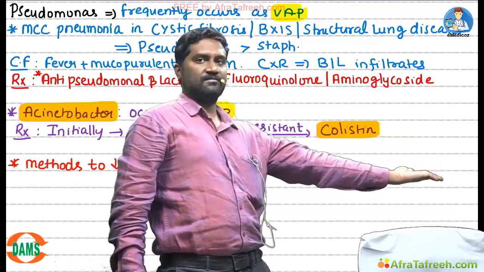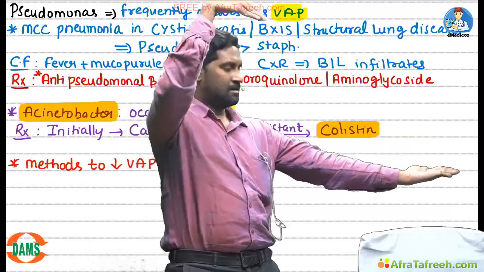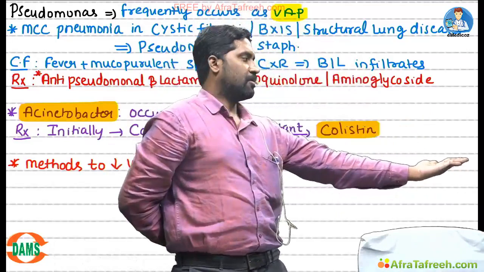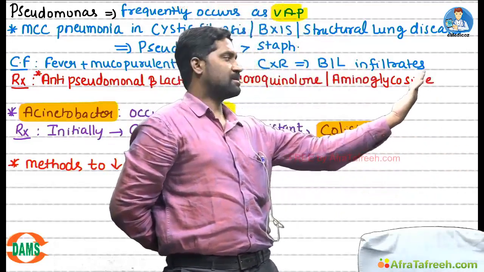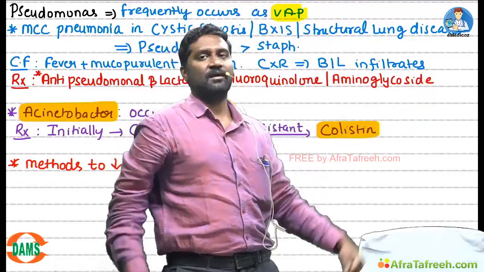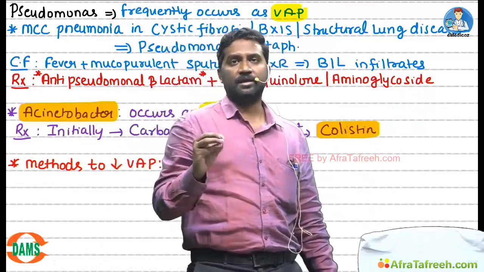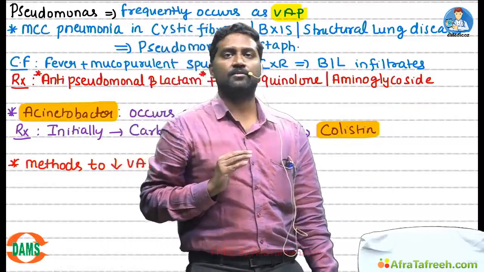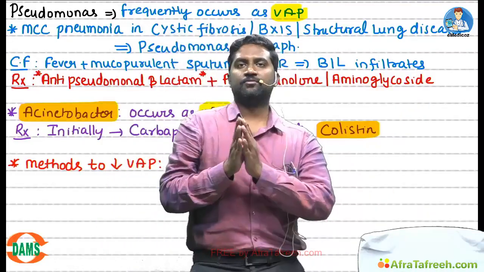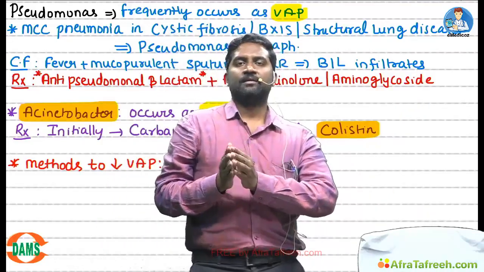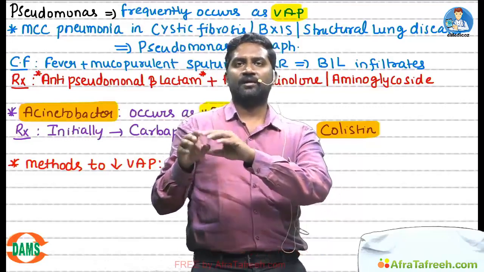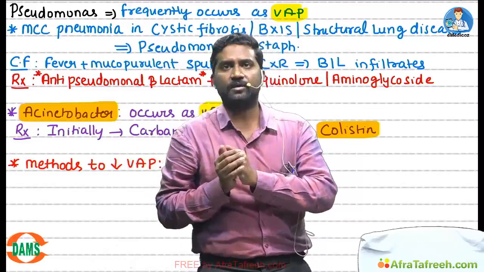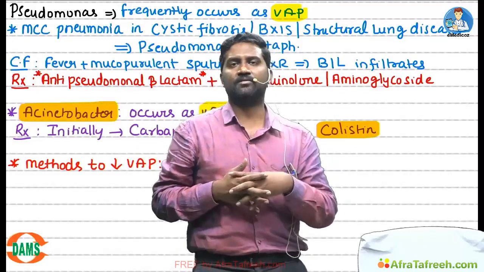If the patient is completely supine, it will be easy for the organisms to descend down. And daily in the morning I am going to clean his oral cavity with chlorhexidine. Once you do chlorhexidine cleaning, the oral cavity organisms will decrease and there are fewer chances of them going into the lower respiratory tract along the tube.